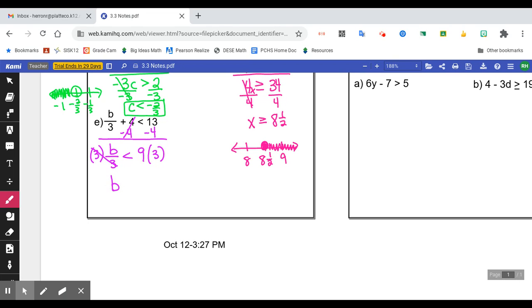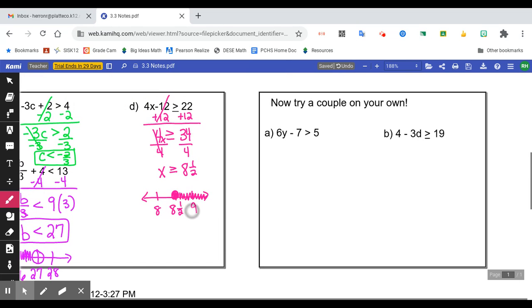No negatives here, so nothing to worry about with that. 9 times 3 is 27. Number line, nice and easy. 26, 27, 28. Open circle, and less than is to the left. Okay, pause the video, try these two on your own, and then you're ready to roll.